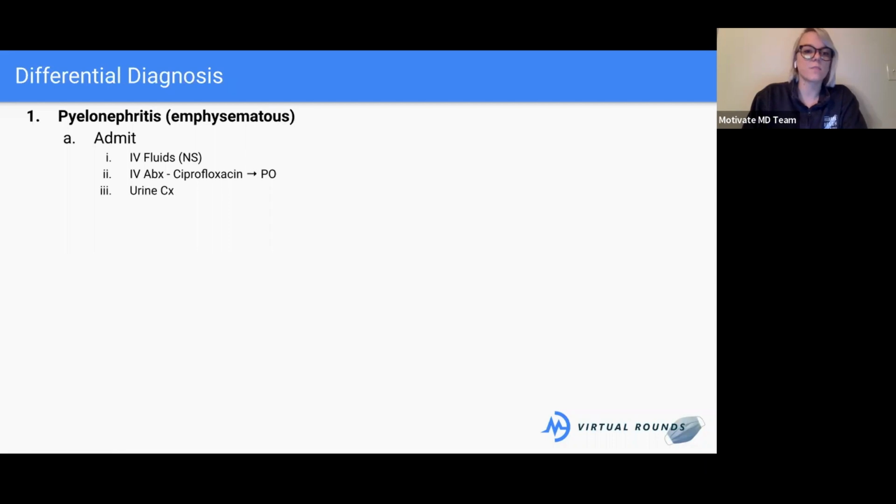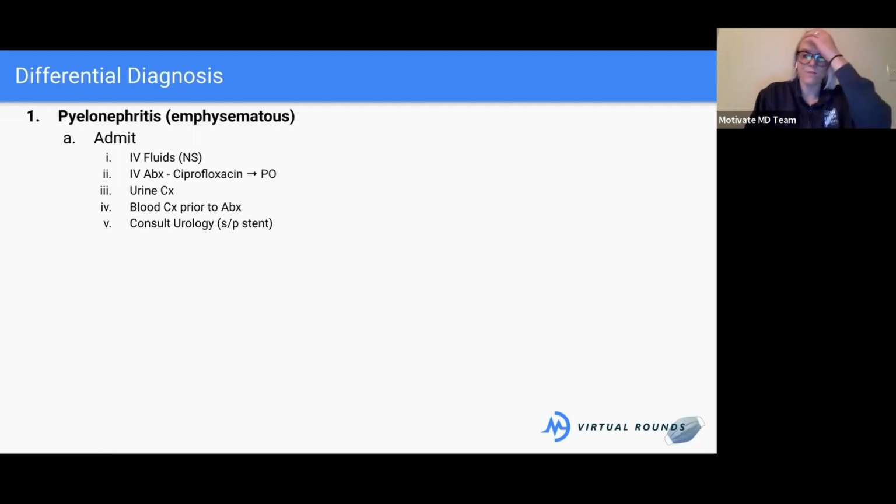Madeline was absolutely correct. We're going to do a urine culture and follow up with the sensitivities to see what that bug is sensitive to. We want to consult urology because that patient has a stent in, to see if the stent could have been a causative factor of that patient having pyelonephritis.